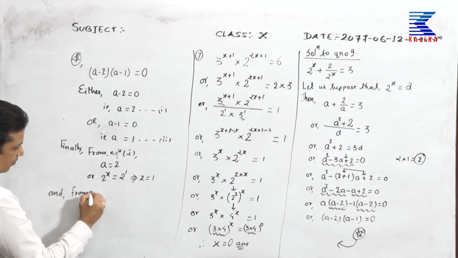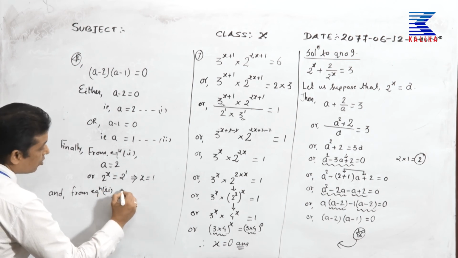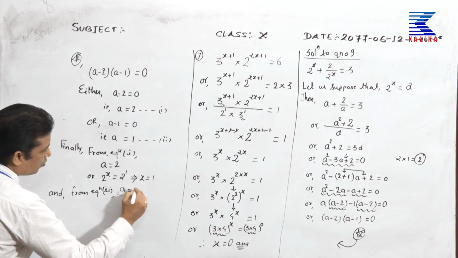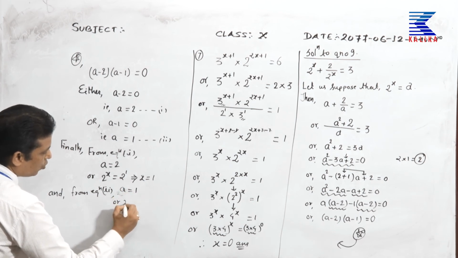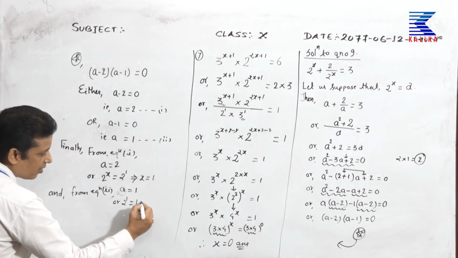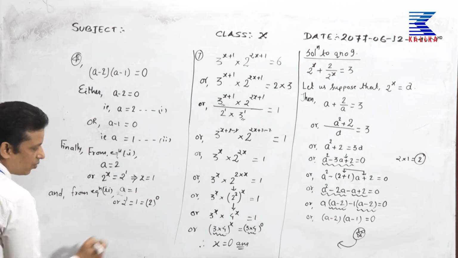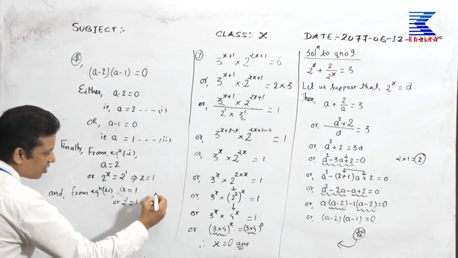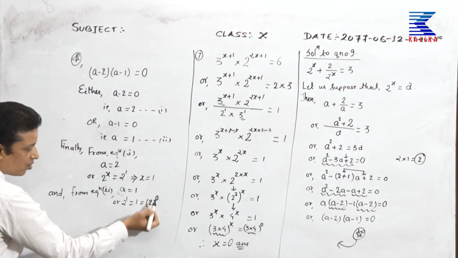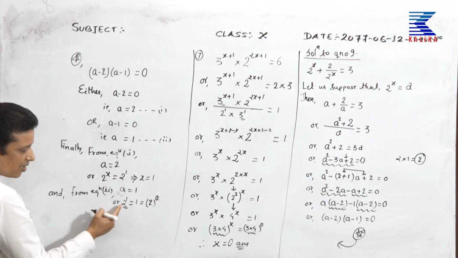And from equation second, 2 to the power a is given equal to 1, or 2 to the power x is equal to 1. This 1 means we can write 2 to the power 0. We have been discussing this many times, so I am not explaining. 1 is same as 2 to the power 0. We wrote it 2 to the power 0 because in left hand side base is 2.